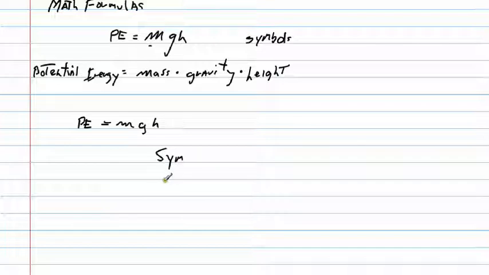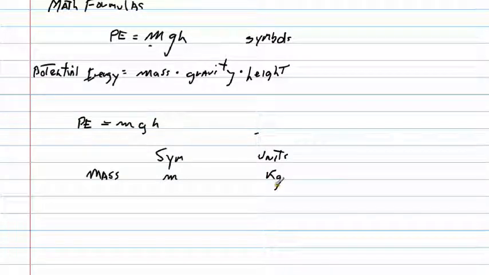And I'm going to say this M was a symbol for mass. But the units for mass were very different than the symbol. The units were, let's use kilograms in this case. It could be grams or kilograms.